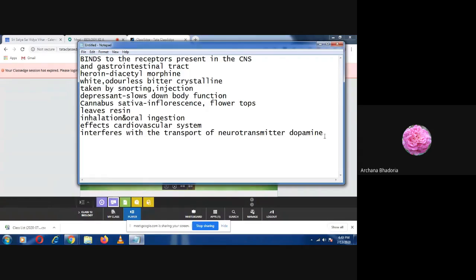And if the person takes too much, then there will be a sense of hallucination. So remember, this is very important.